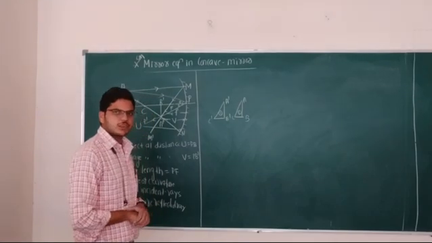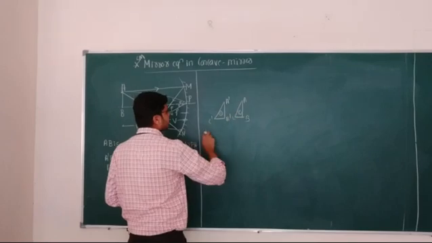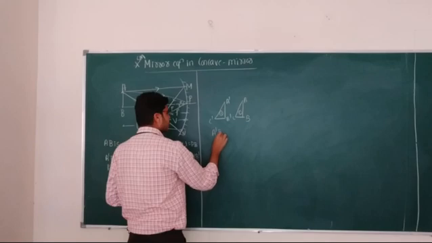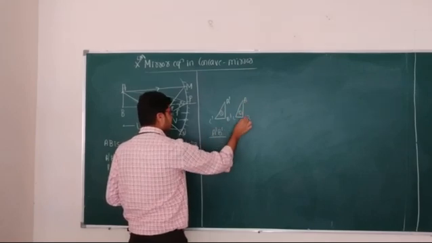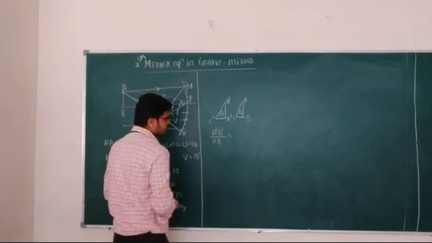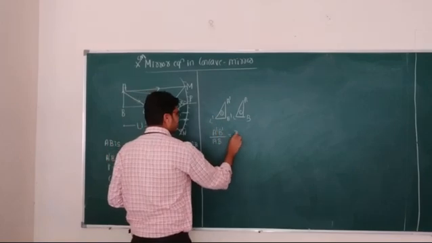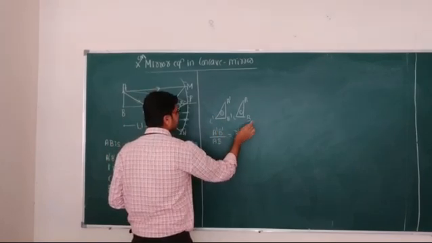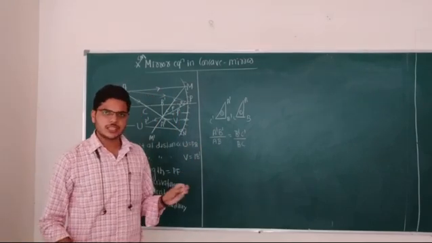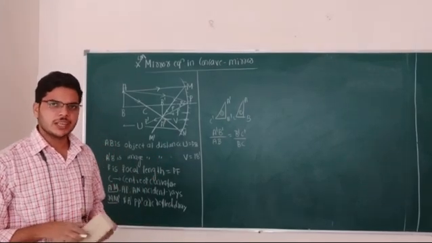The geometry rule is that the ratio of the heights of the two triangles, A'B' to AB, must be equal to the ratio of the bases. The first triangle base is B'C', the second triangle base is BC. This is the rule which helps in this derivation.